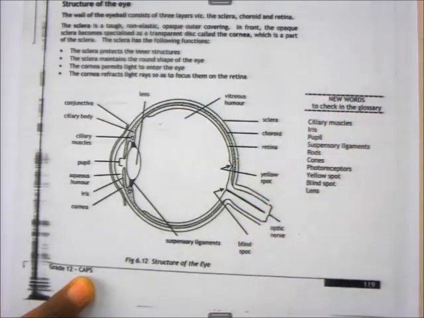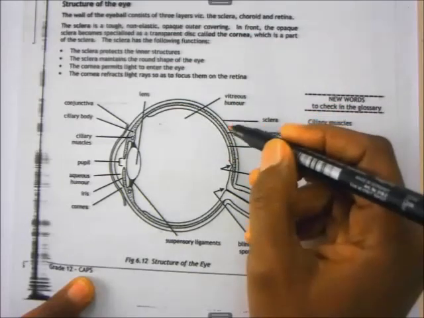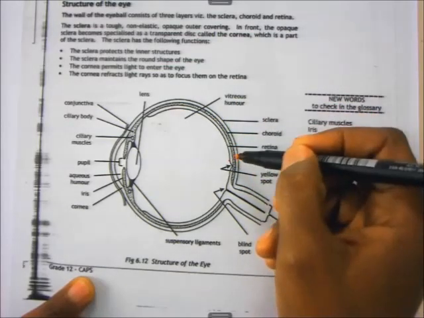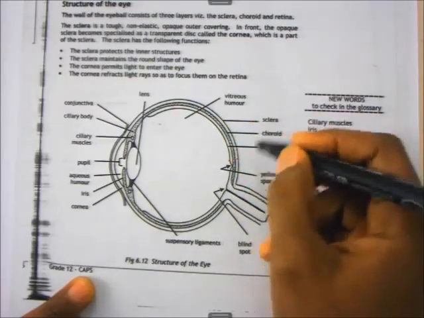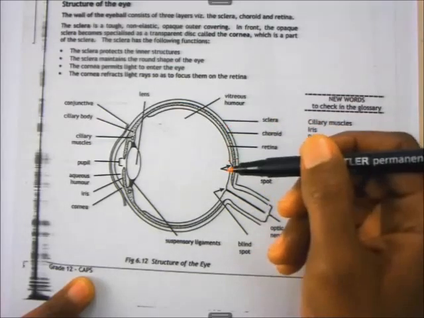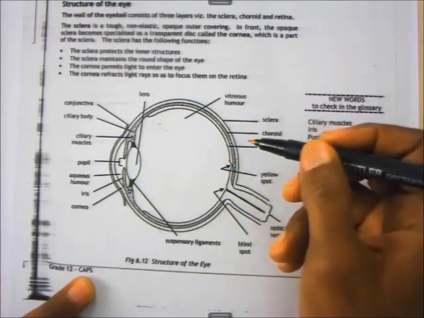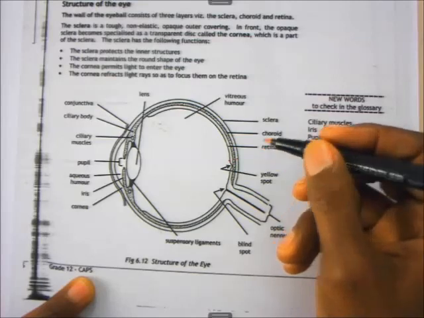So now with regard to the description of the sclera, we need to note that the sclera is the outer layer or the most outer layer. In color, the sclera is white. And again, what must be known about the sclera is that the sclera is non-elastic.